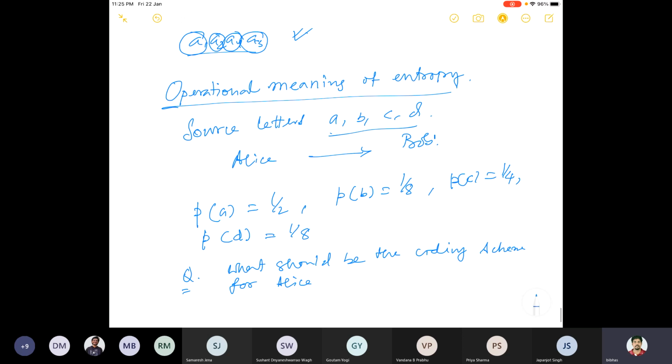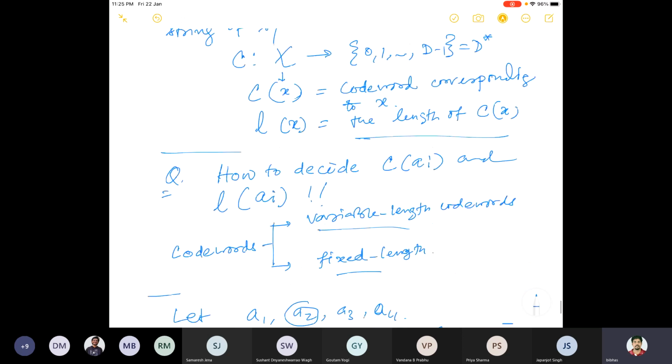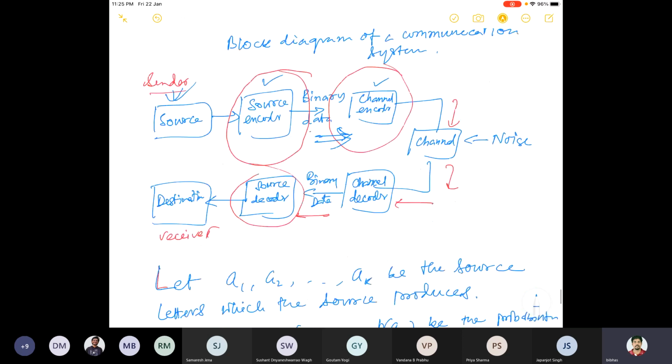Whenever I'm saying this coding scheme, there is another problem which I already told you, that there is a problem of decoding also. The sender has to encode the letters in such a way that maybe there is a one-one correspondence, like all the code words are different.